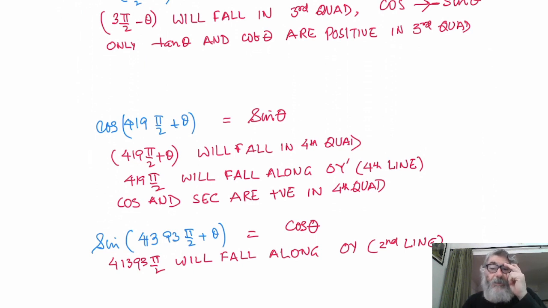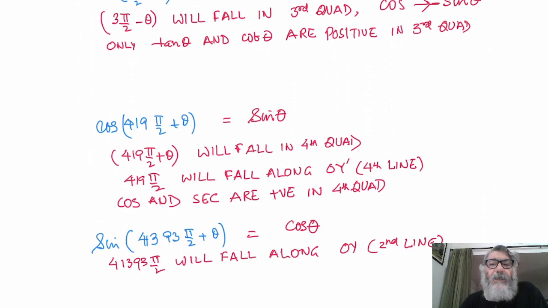So this is a very simple way of determining, number one, in which quadrant the thing will fall, because pi by 2 means it will be along OY or OY dash, the vertical line.